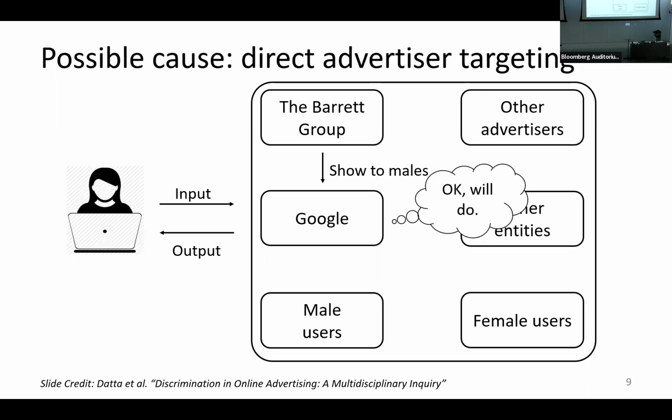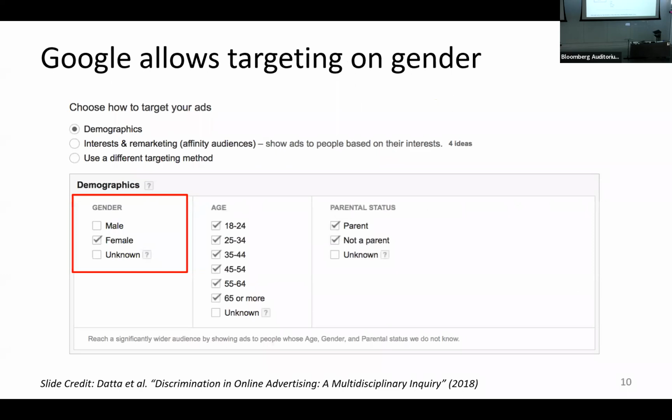And so the first one, of course, maybe the most blatant, is that this advertiser was telling Google, only show my ad to males, right? And at least historically, there was nothing technically stopping the advertiser from doing this.